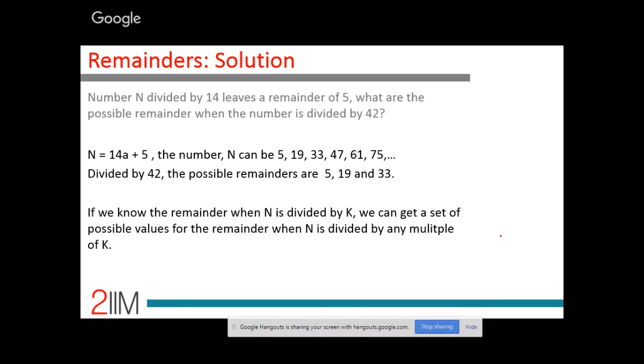Otherwise, it's a very simple question. Divide by 14, you get the remainder. Divided by 42, you have three possibilities. So whenever you can narrow down possibilities, instead of dividing by 42, you can divide by 6 and 7 and then combine these two. That's the idea we are using. Yes, like 6 and 7 because they're co-prime. 14 and 3 will also work, but 14 is tough. 6 and 7 are simpler.